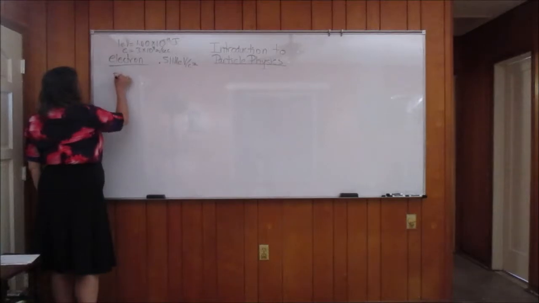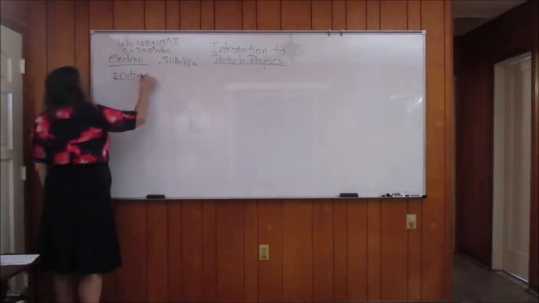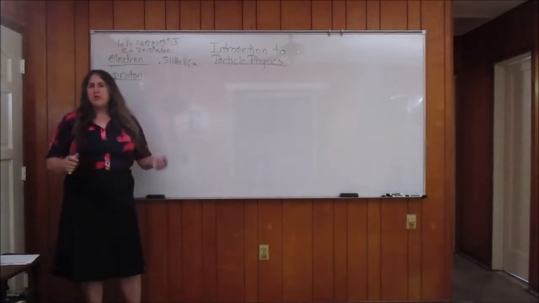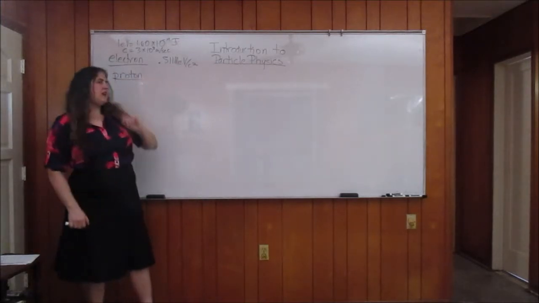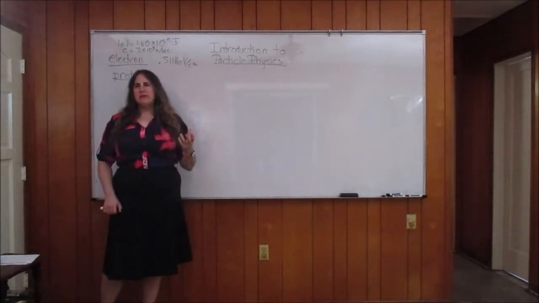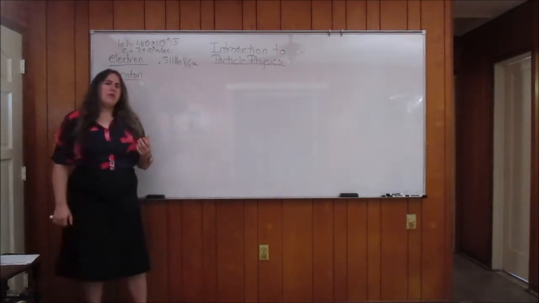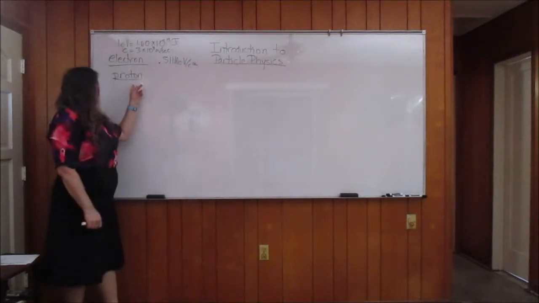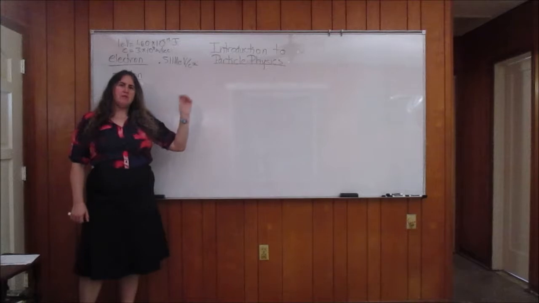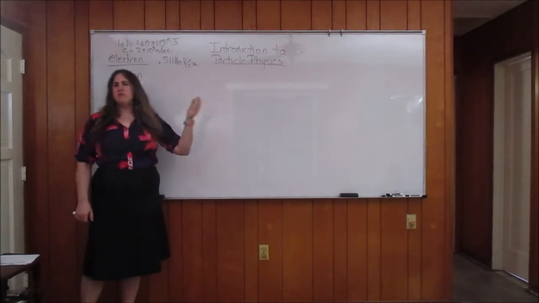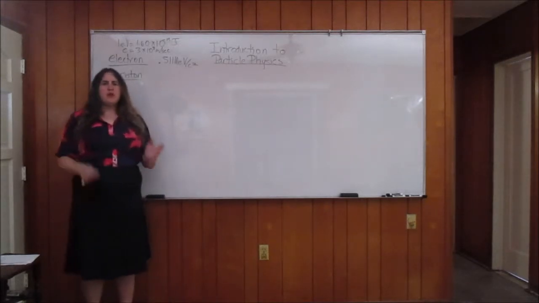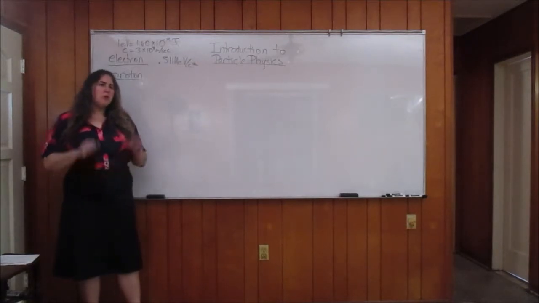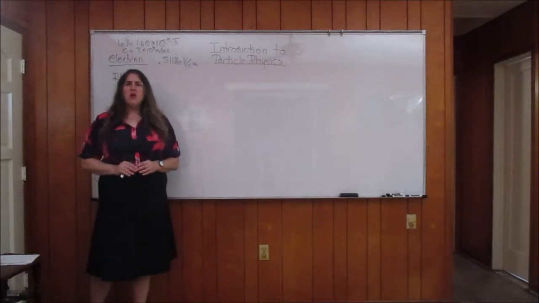Now, the next particle from the early days, the next discovery, is that of the proton. And that was Rutherford's contribution. Thomson had the idea that matter could be thought of kind of like a pudding, and that the positive charge was distributed throughout matter. So Rutherford fired alpha particles at a thin gold foil. And what he observed was not consistent with Thomson's model. Basically, he observed that most of the particles passed through the foil undeflected.